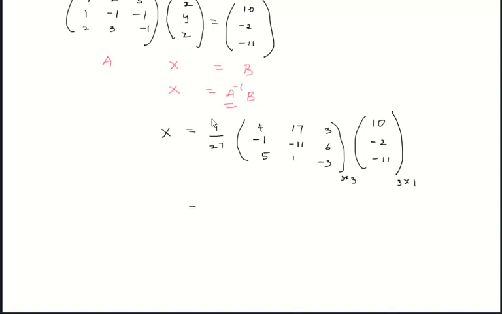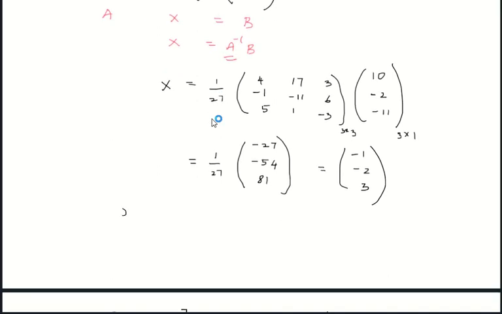So the resultant will be a 3 by 1 matrix, right? So it is 1 by 27, multiply and get the matrix. You get negative 27, negative 54 and 81. Now every element is divisible by 27. So if I take this 27 inside and divide every element, I get negative 1, negative 2 and 3. Therefore, hence solved: x is equal to negative 1, y is equal to negative 2, z is equal to 3.